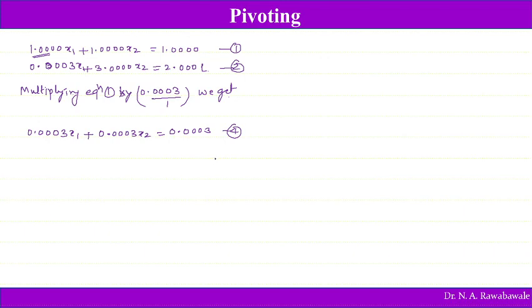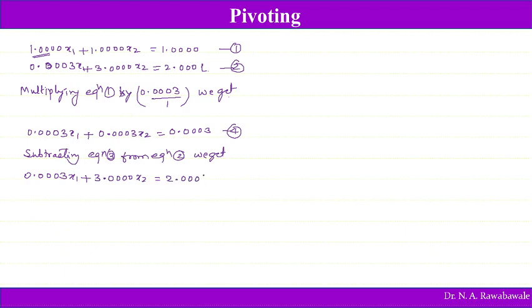Subtracting equation number 3 from equation number 2, we get, now equation number 2 we write first: 0.0003 x1 plus 3.0000 x2, which is equal to 2.0001.